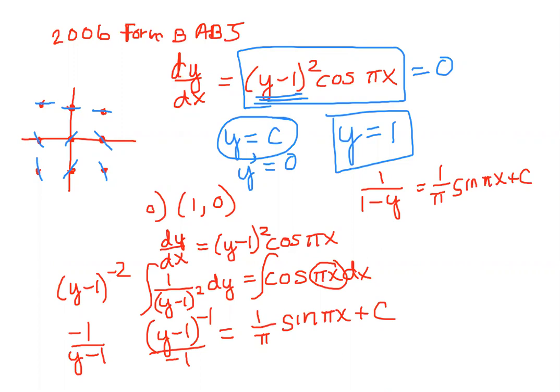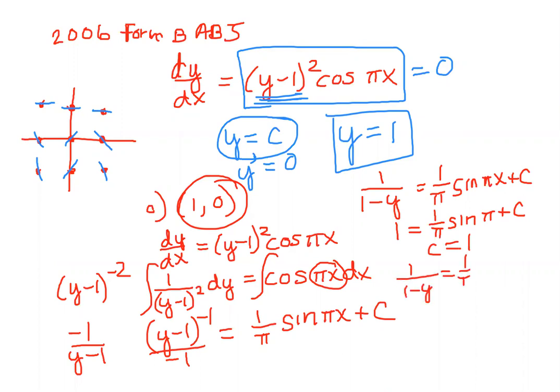And then I'm going to substitute in my initial condition here, a 0 for y, so this becomes 1, and a 1 for x, so this becomes sine pi. Sine of pi is 0, so c equals 1. C equals 1 here. So I get 1 over 1 minus y equals 1 over pi sine of pi x plus 1.